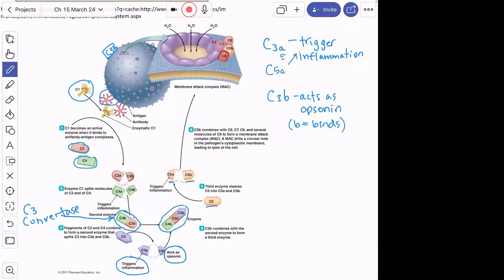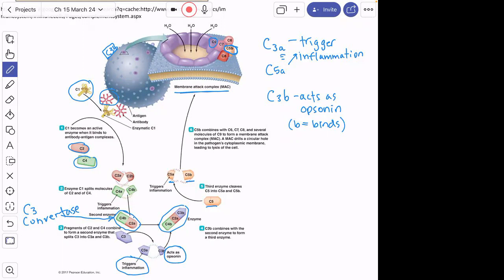C5a again triggers inflammation, that A, allergy, and C5b also binds back to the pathogen, but now it's going to bind. So here's C5b right here. It's going to team up with C6, C7, C8, and lots of C9s to make that membrane attack complex. Okay, to poke the hole in that gram-negative outer membrane, peptidoglycan, and cell membrane.